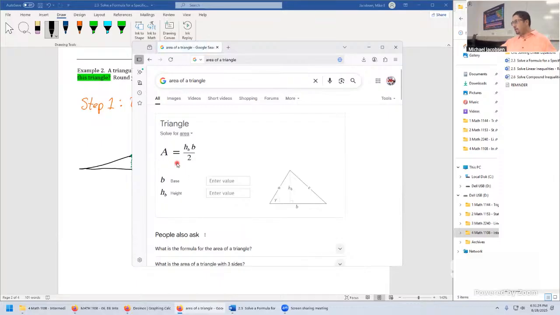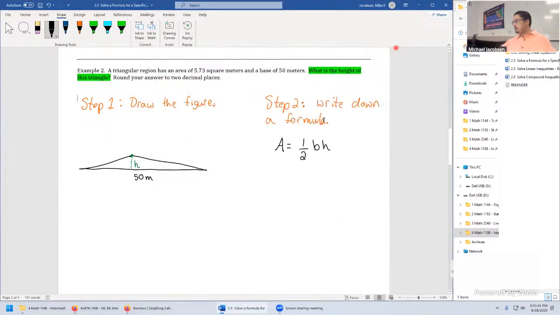And they'll tell you right away, area equals, they wrote it in a slightly different way than I would have been. It's base times height divided by 2. They put a little subscript b there, I guess to convey that's the height relative to that base. So those are ways to get those kind of formulas. And if you just get stuck on a problem, you're not sure how to get that formula, you could always email and I'll be happy to help out.